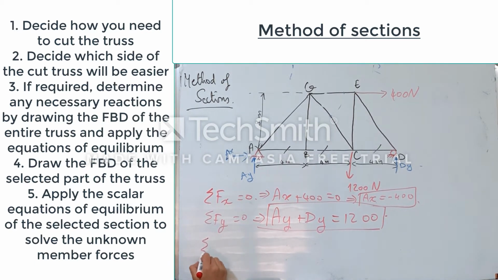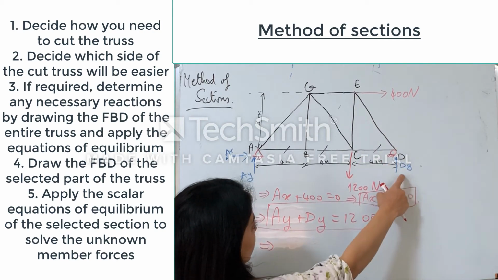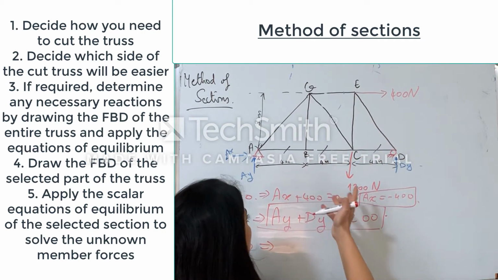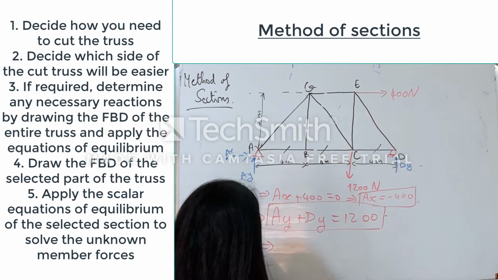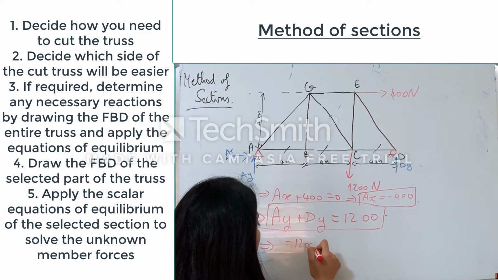And the third equation is the sum of moment. What I can do, guys, is to take the sum of moment around A to get rid of these two reactions. And then the forces that I have are 1200, 400, and DY. So I can assume that the counterclockwise is my positive direction, which means, guys, that 1200 is doing a negative direction.